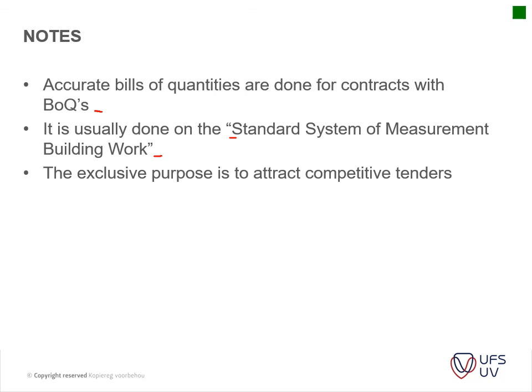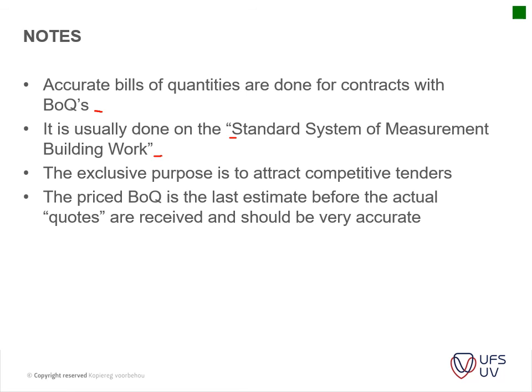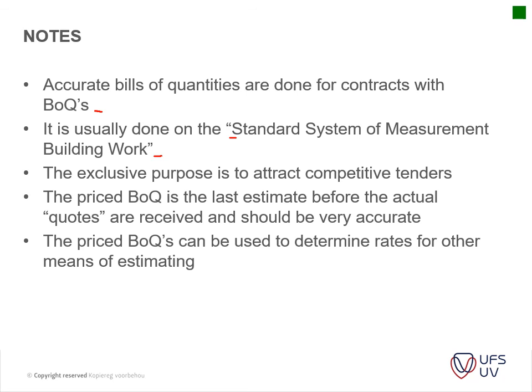The exclusive purpose is to attract competitive tenders. Okay, so the bills of quantities gives the contractor the opportunity to price a bill accurately. Then the priced BOQ is the last estimate before the actual quotes are received, and should be very accurate. The priced BOQ can be used to determine rates for other means of estimation.